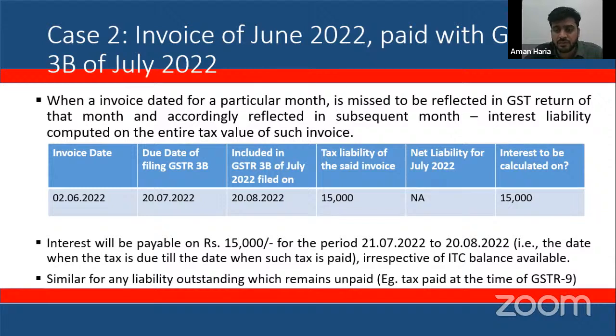Say for example, some invoices of FY 21-22 you missed altogether, and while doing your annual reconciliation, you identify that invoices 1, 2, 3 are left to be paid, and you pay all of those at the time of filing your GSTR 9. In those cases as well, interest will be applicable on the entire tax amount from the period when the tax was due till the date on which such tax is paid. I hope we are clear with that.